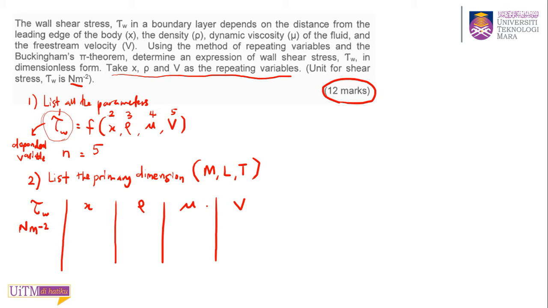Who can tell me what is the primary dimension for tau in MLT? Who can give the answer for the primary dimension of tau? Anyone want to try? You can do it on your paper and then give me the answer, the MLT for tau.